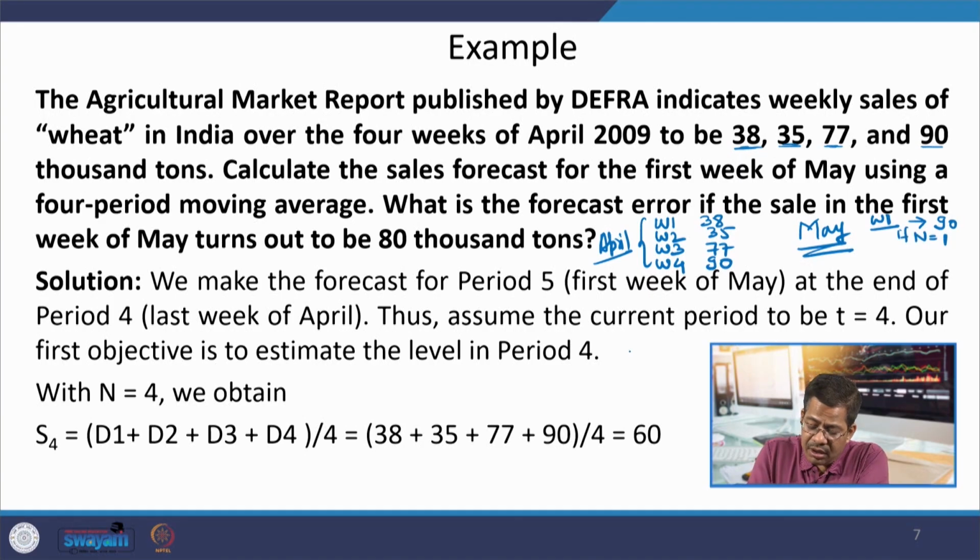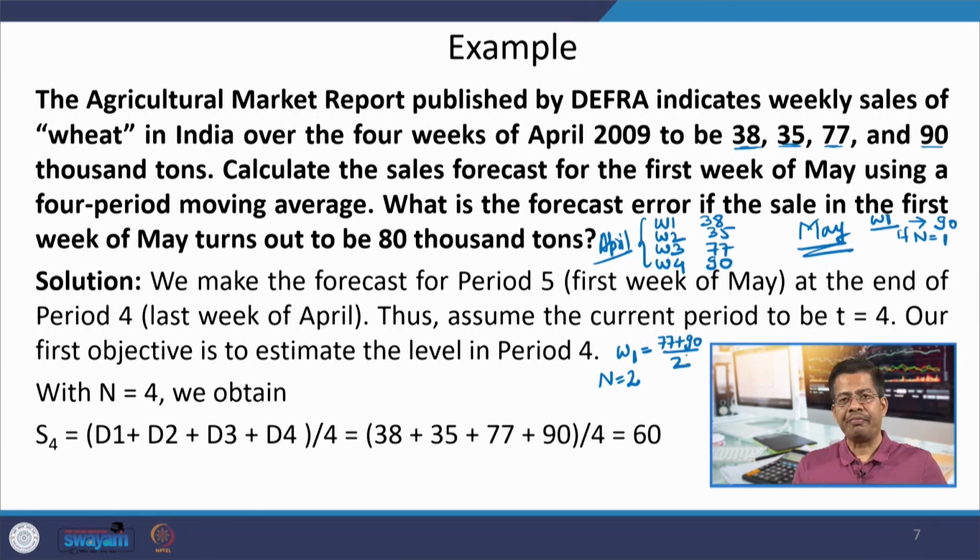Now, if I want to see whether my forecast is correct, can we have a better forecast? The answer is yes. You can have a better forecast, but you need to increase the period of the moving average, from n equals to 1 to n equals to 2, taking the average of the most recent 2 periods. You can further improve your forecast.